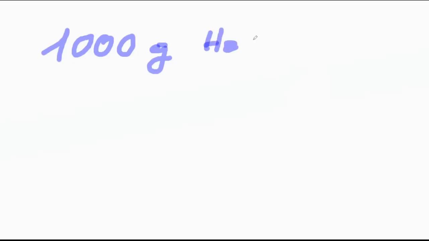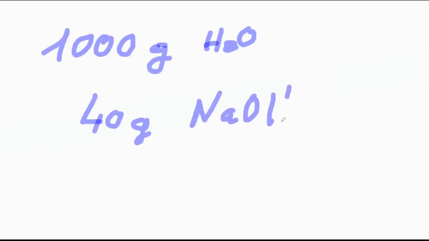So basically, for each liter, so let's say 1000 grams of water, usually I use about 40 grams of sodium hydroxide and 10 grams, but sometimes up to 15, of potassium hydroxide.